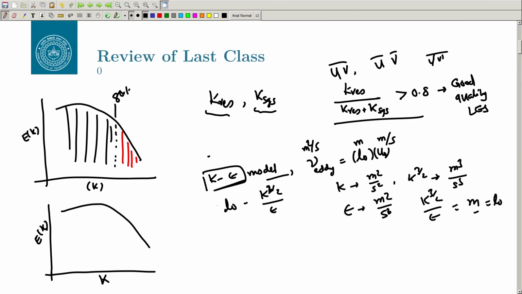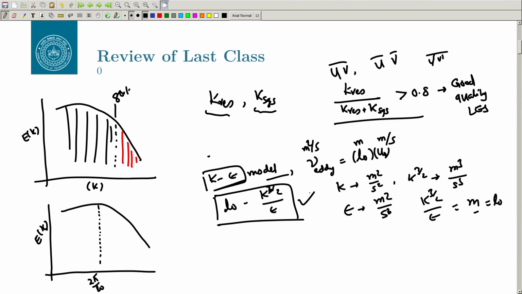So, you can calculate the length scale from the model, and we also discussed that you can have an integral length scale. What is the meaning of integral length scale in this case? That is the length scale at which the average of kinetic energy is obtained. So, this can be your 2 pi by L naught, and L naught you can calculate from any turbulence model.